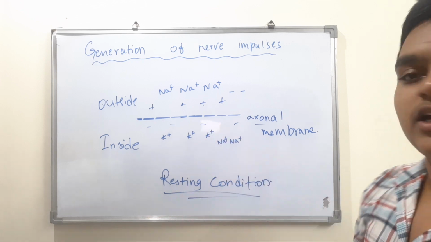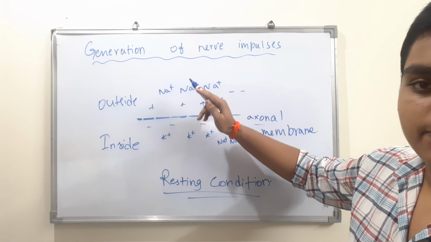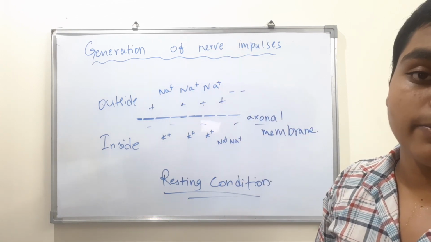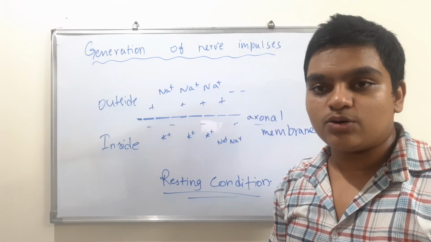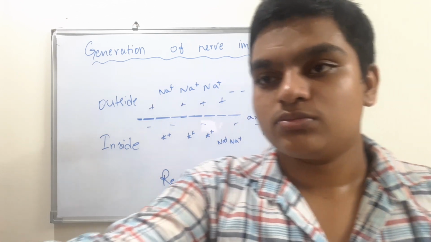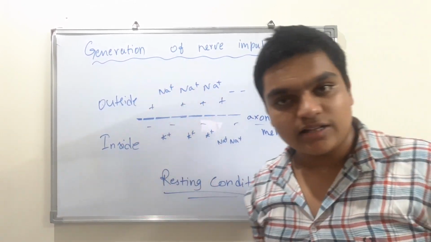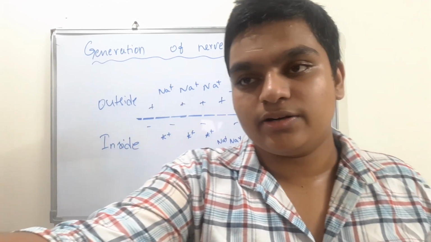These are your ion channels. They are impermeable to sodium ions, so sodium ions remain outside the membrane, since no one is allowing them in. There is more concentration outside the membrane.